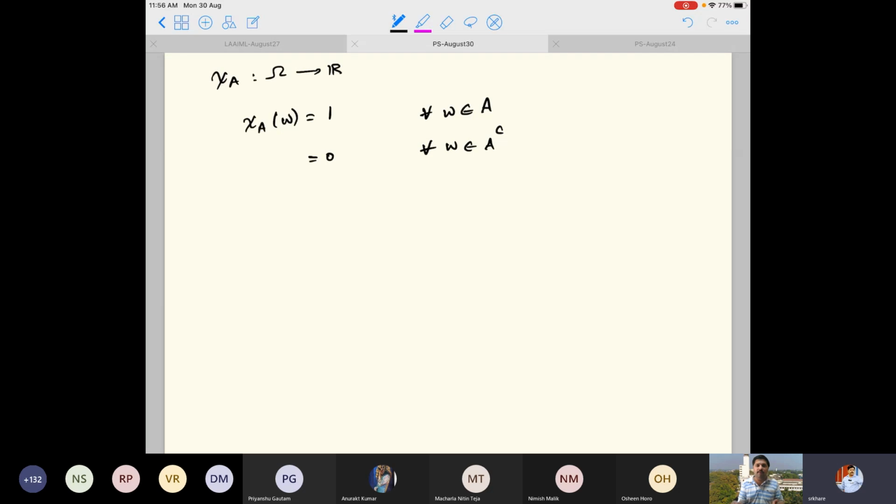What are the two outcomes? The two outcomes are 1 and 0, and the probability of success P is equal to probability of A, and 1 minus P is the probability of A complement. Correct? So that's how it is a Bernoulli random variable.